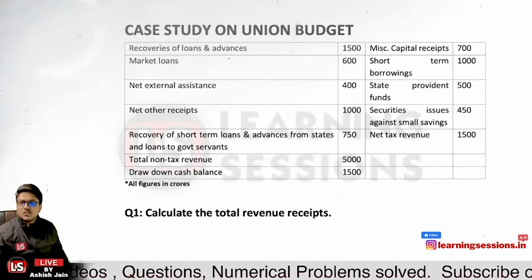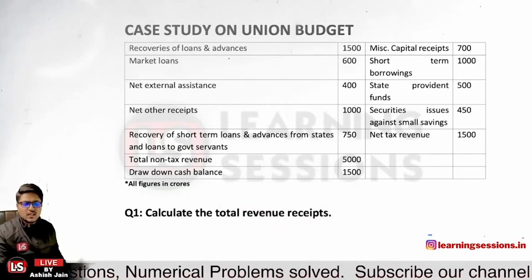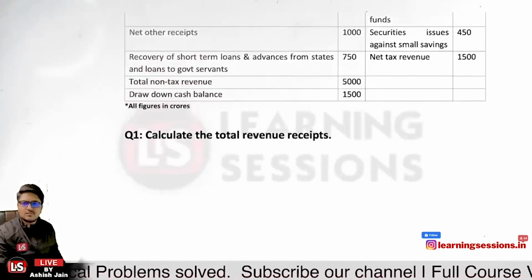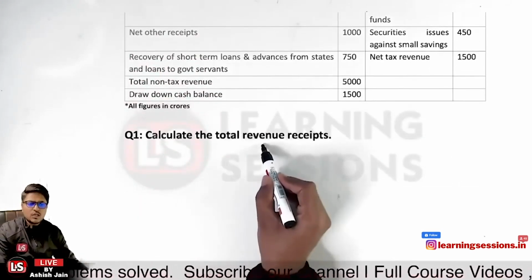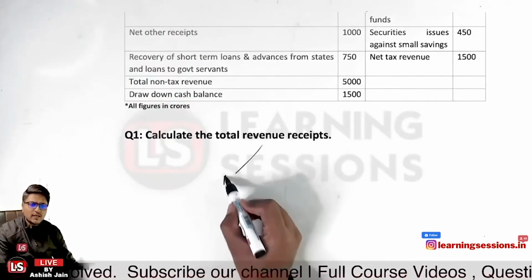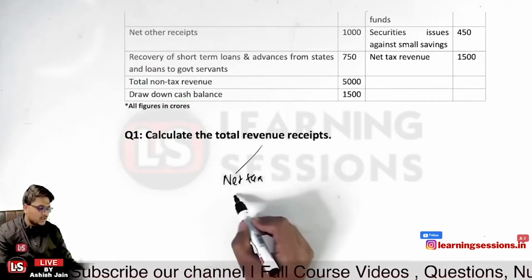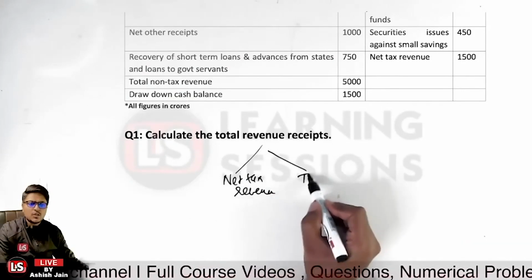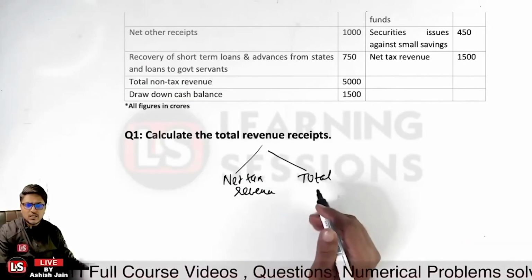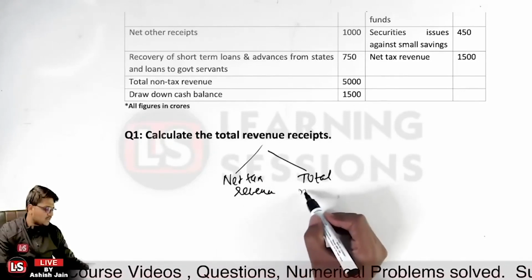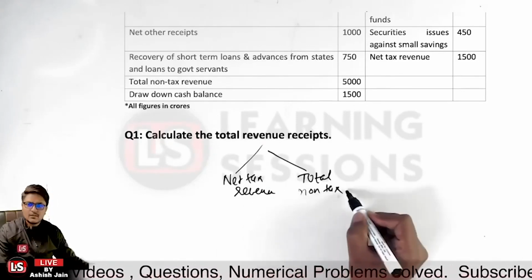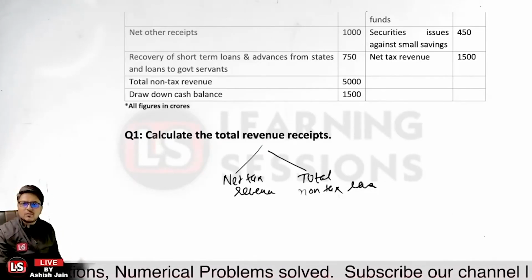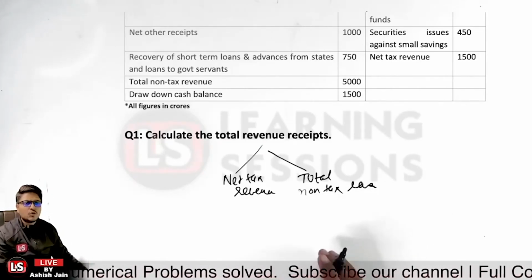Total revenue receipts basically comprise two components. One is net tax revenue, and the other component is total non-tax revenue, isn't it? Over here we are provided with both of the components.